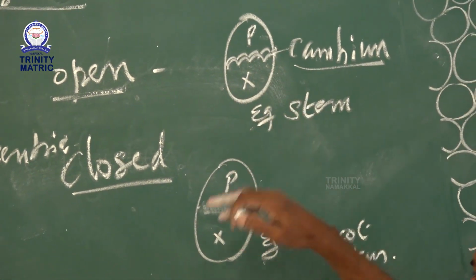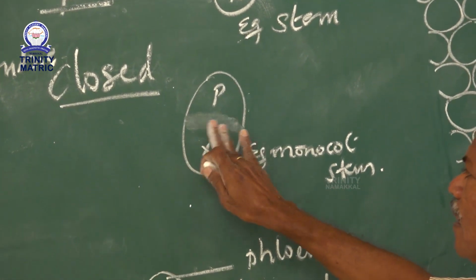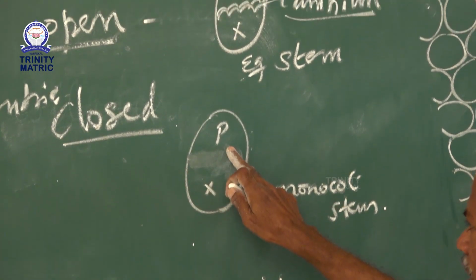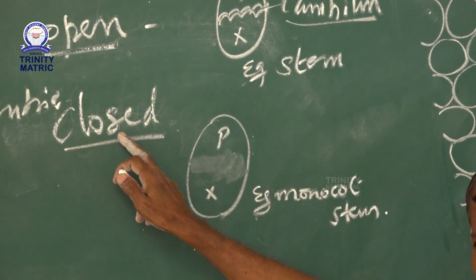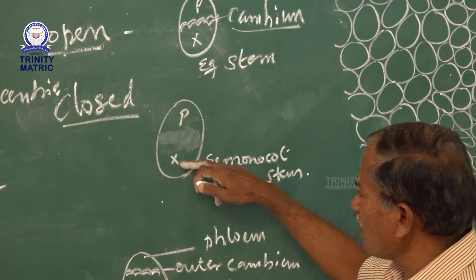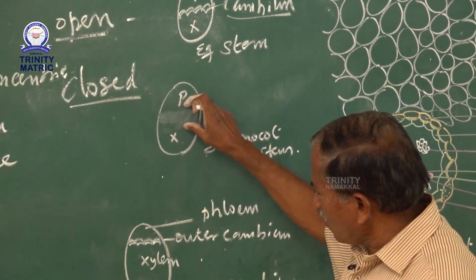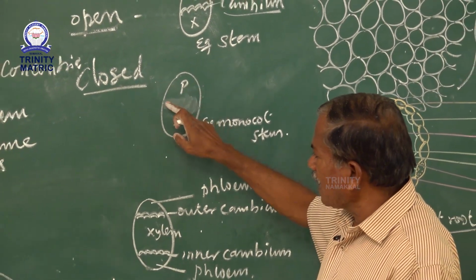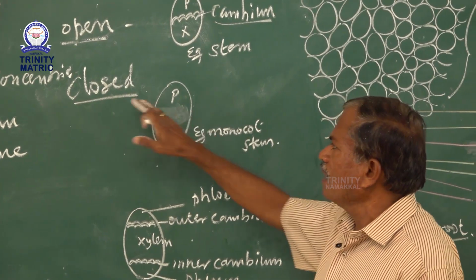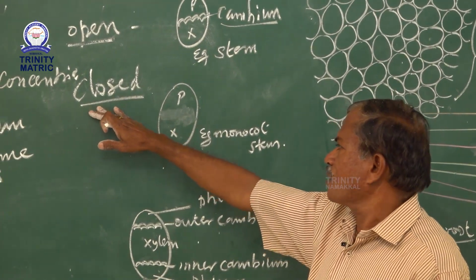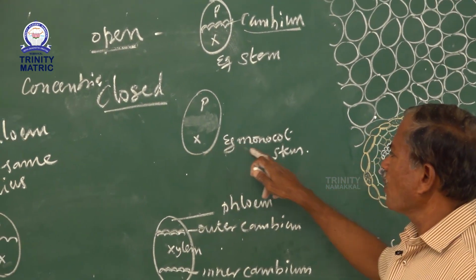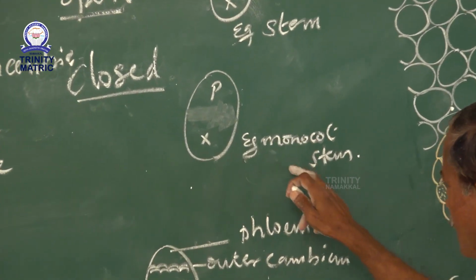If the cambium is absent in a vascular bundle, it is called a closed vascular bundle. The xylem and phloem cells are connected, but with the absence of a cambium in the center, this is called a closed vascular bundle. Example, monocot stem.